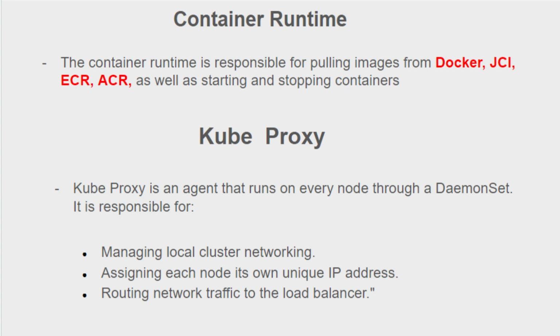Kube proxy is an agent that runs on every node through a daemon set. It's responsible for managing local cluster networking, assigning each node its own unique IP address, and routing network traffic to the load balancer.